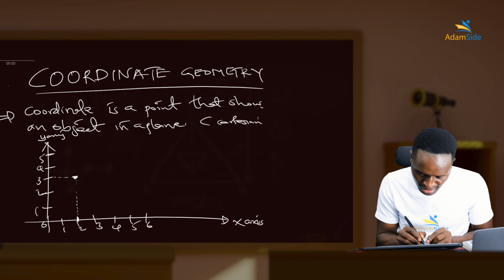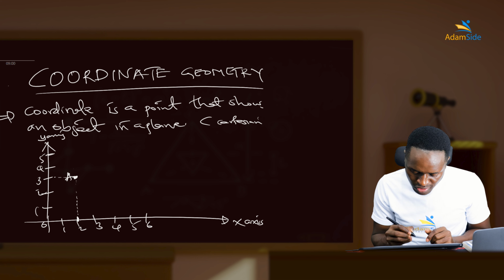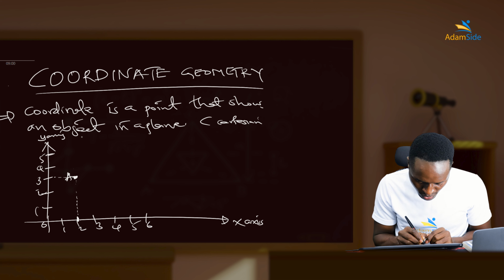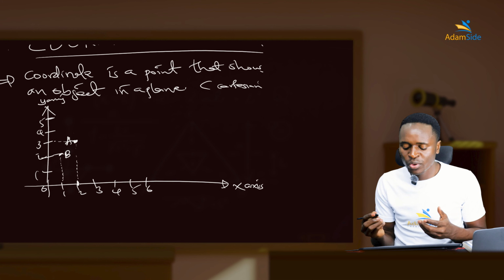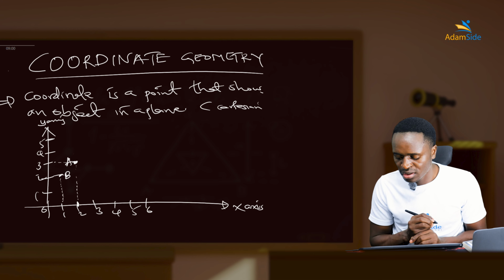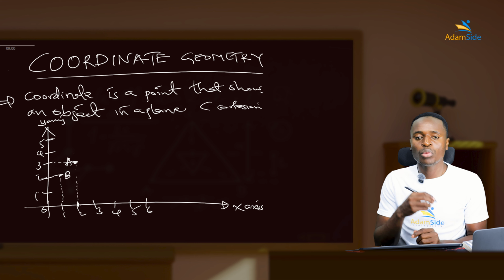This is point A. And show point B, whereby x is 1, y is 2. So this becomes point B. To show a point, you can use either a dot or an X.